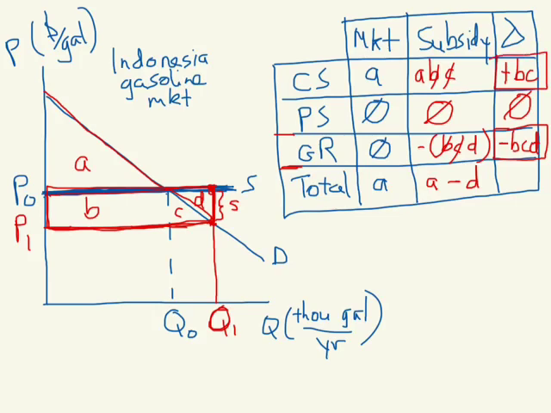How much bigger? The cost of the policy is bigger than the benefits by the amount D. So D is, again, this deadweight loss associated with this policy. It's the reduction in efficiency relative to the most efficient outcome. And we'll leave that alone.